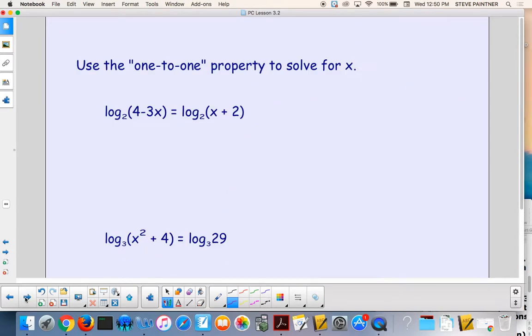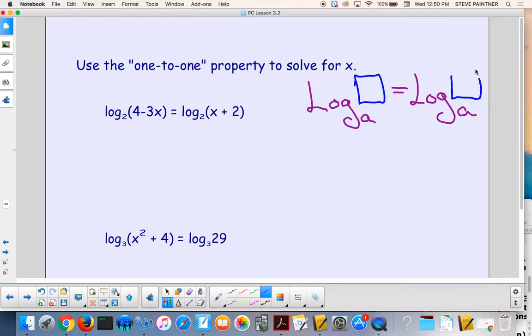All right. Use the one-to-one property to solve these kind of log equations. Well, here's the deal. You already know the one-to-one property. It's basically whenever the base is the same, so log base A of x equals log base A of y. If you have that, what do you know about these two numbers? They gotta be the same.